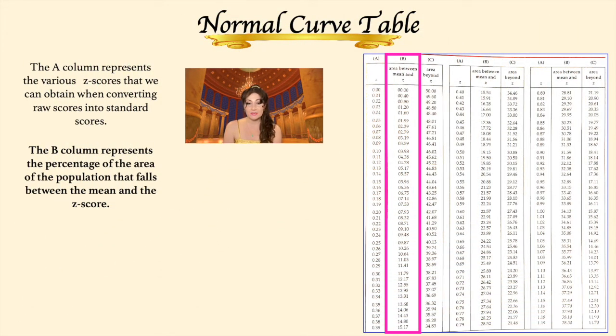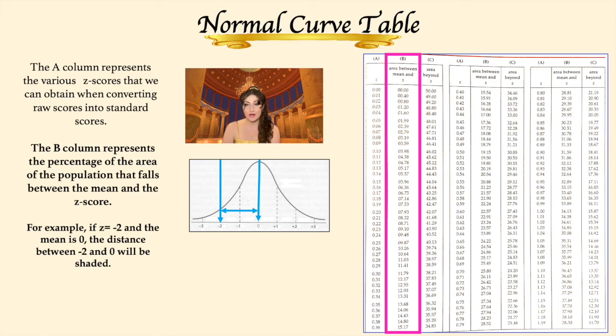The B column represents the percentage of the area of the population that falls between the mean and the z-score. For example, if z is equal to -2 and the mean is 0, the distance between -2 and 0 will be shaded. That is the area, the percentage that we are going to be identifying, and the B column gives us that percentage.